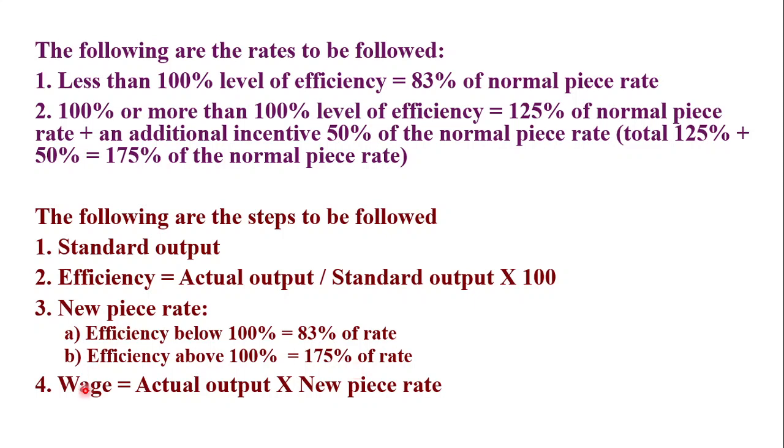And the last step is the calculation of wages. The formula is actual output into new piece rate. Using the new piece rate from the third step, we can calculate the wages.